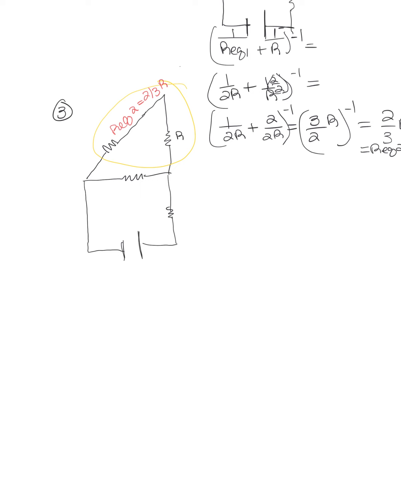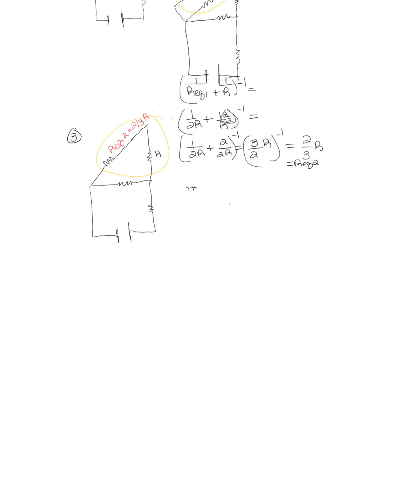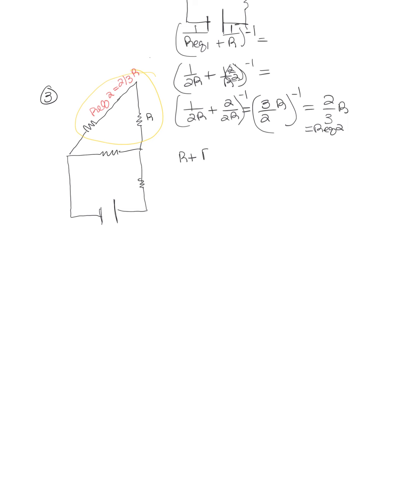And so this is still a value of R. So we have R plus REQ2. And so we know that R is just R, but we have REQ2, which is 2/3 R. And so we need to get a common denominator.